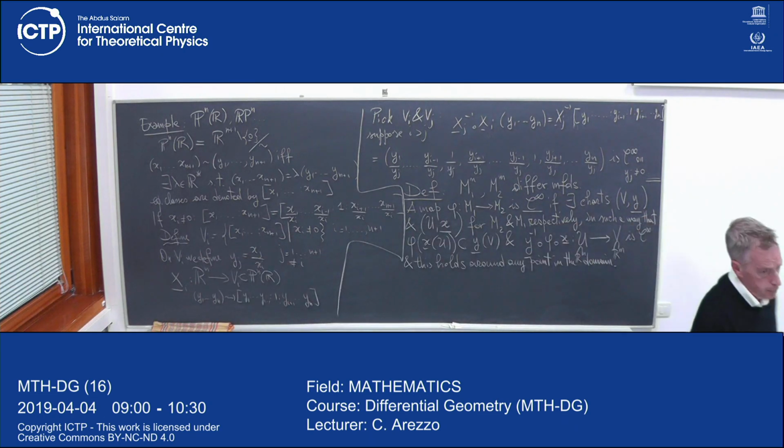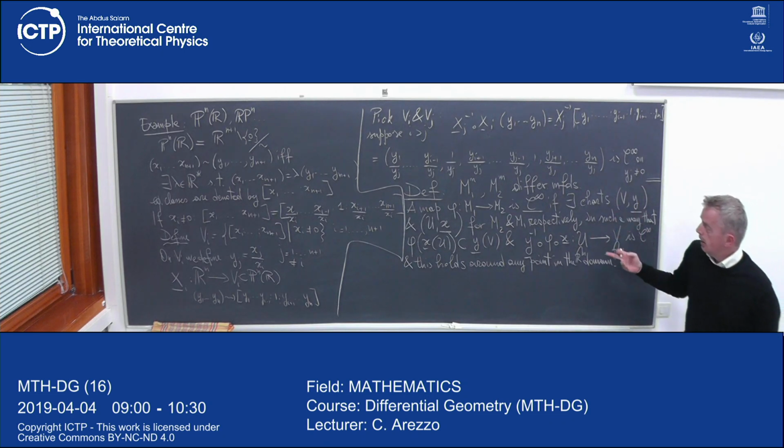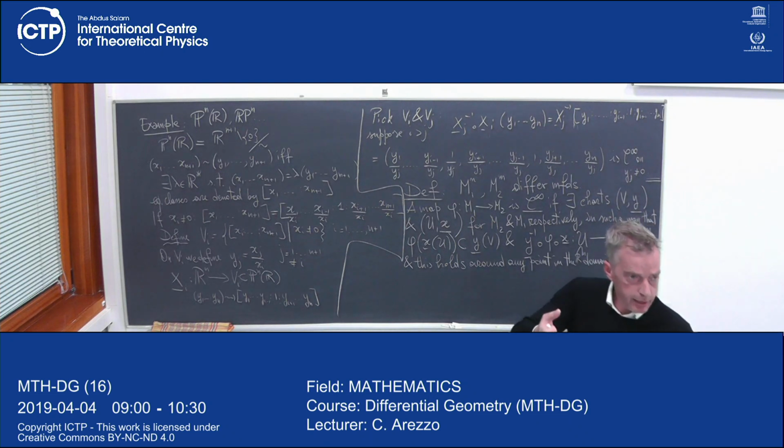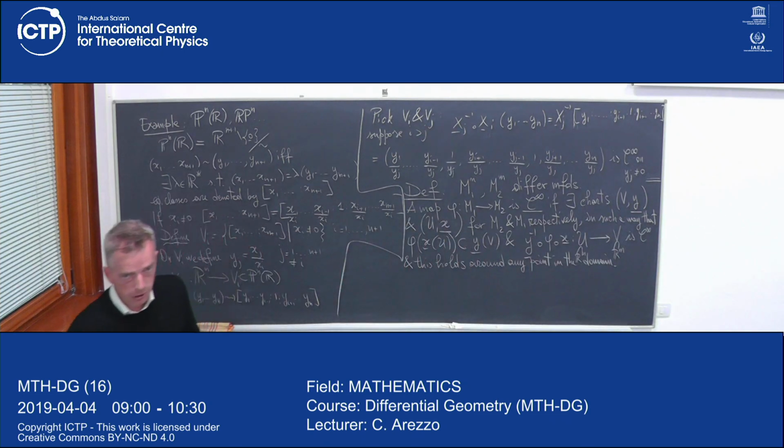Then, as usual, in this abstract situation, it's easier than in the classical situation of surfaces. If it happens for some charts, it happens for every chart, because the change of chart has to be smooth, for any possible change of chart, okay?